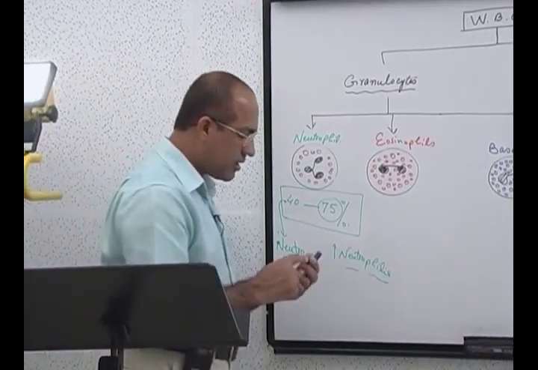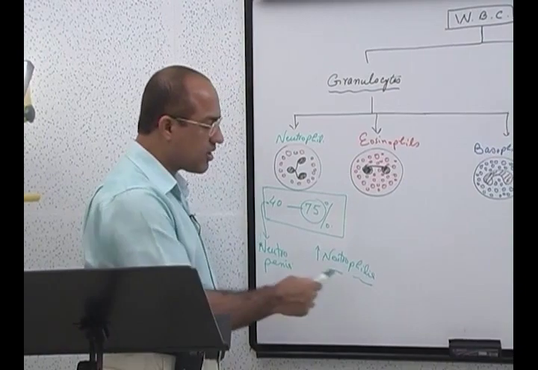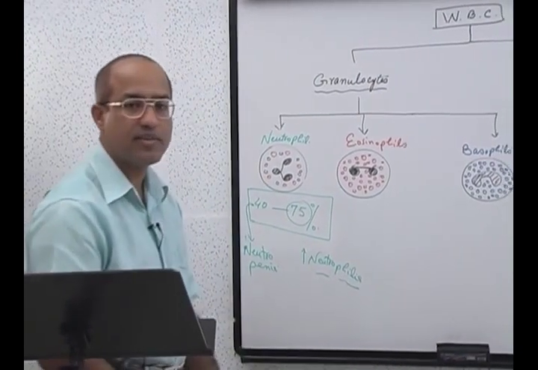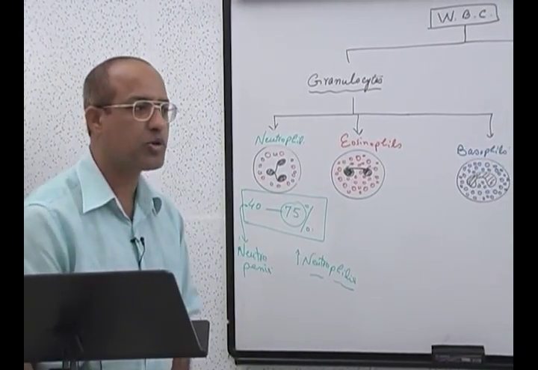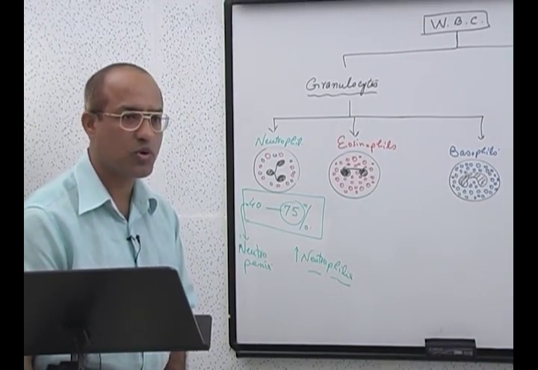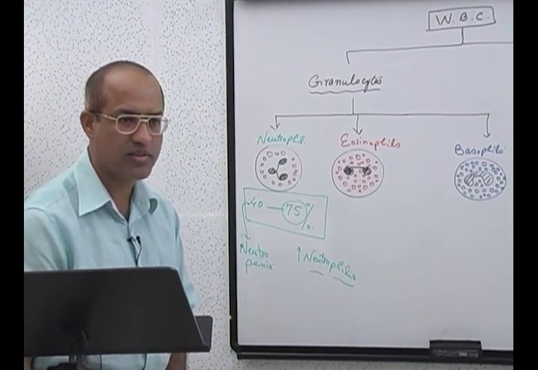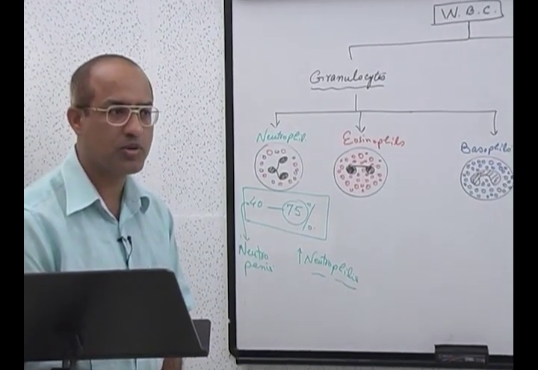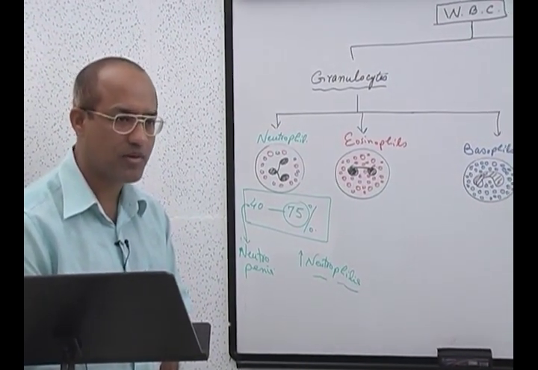The classical example causes of neutrophilia: pyogenic infections, infections which produce pus, like staphylococcal and streptococcal infections. Pus producing organisms produce neutrophilia.